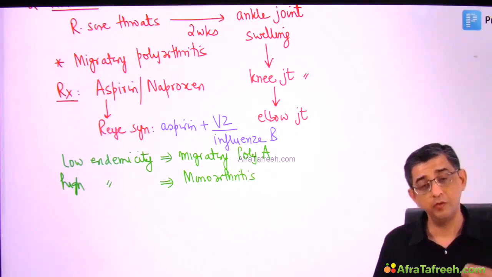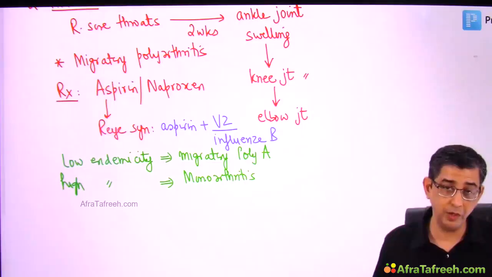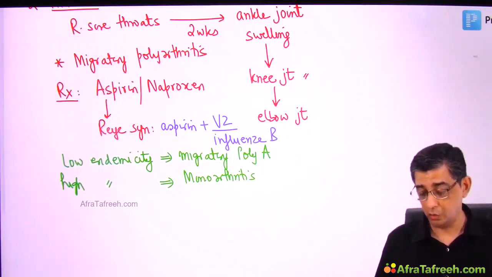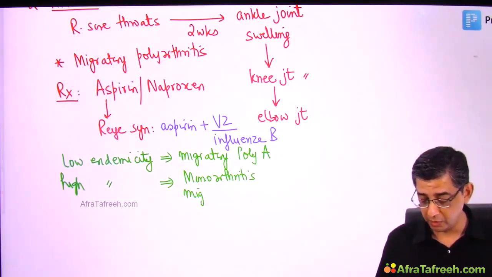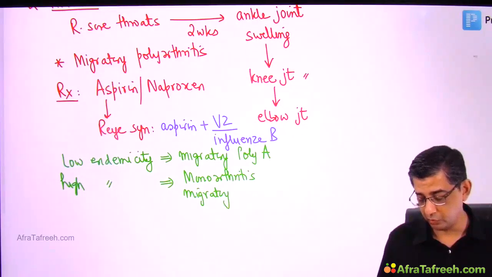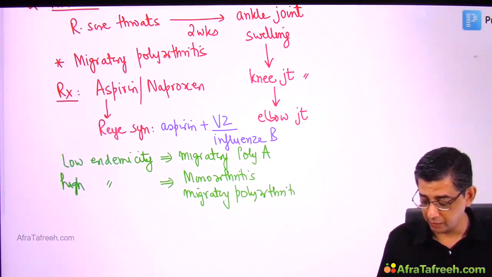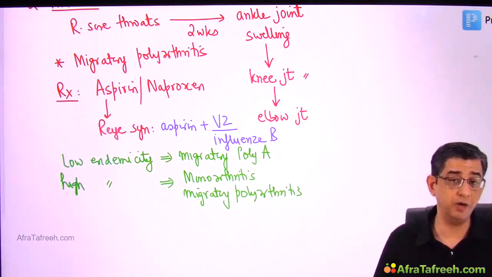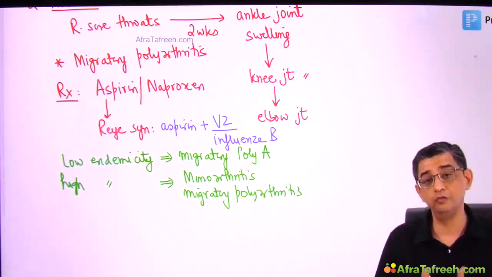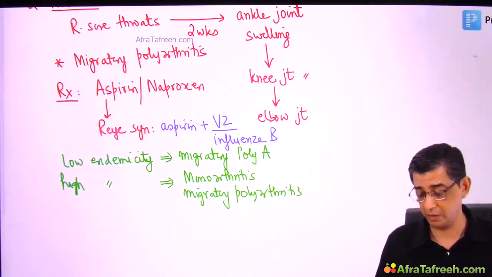He says if you document a monoarthritis component, it's more than sufficient. Obviously, in a high endemic area, if migratory polyarthritis is already present in the history, no problems with this. But as I've highlighted, our objective as a doctor is always to go for early diagnosis. So I would not like to wait for multiple joint involvement to occur in a patient.